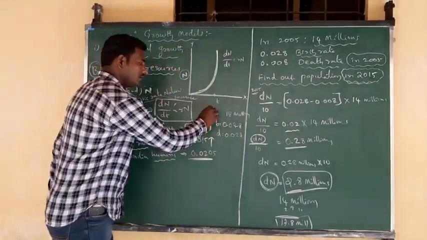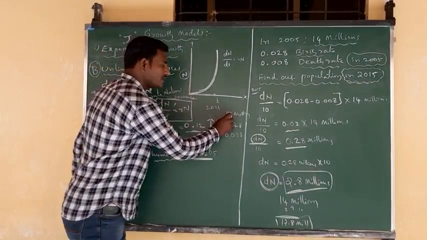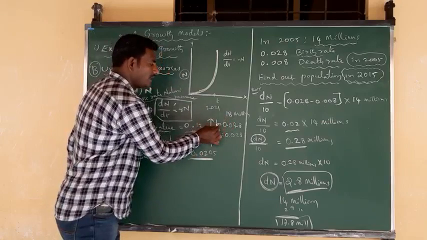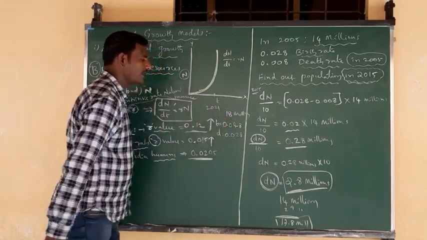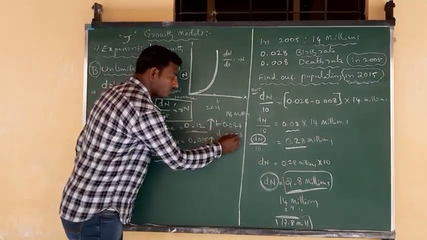So in 2021, the total population is about 18 million within a habitat. In this habitat, the birth rate is 0.048, whereas the death rate is 0.028.